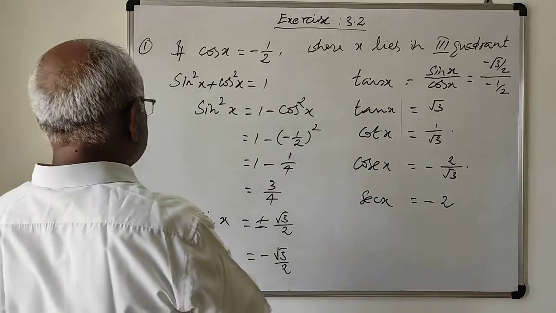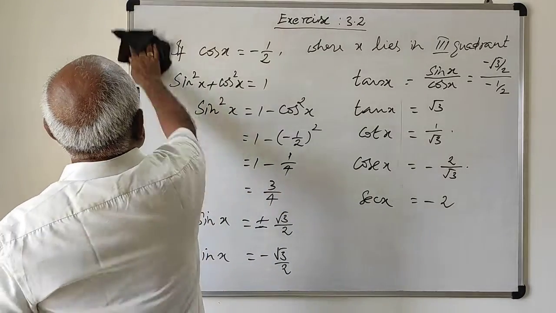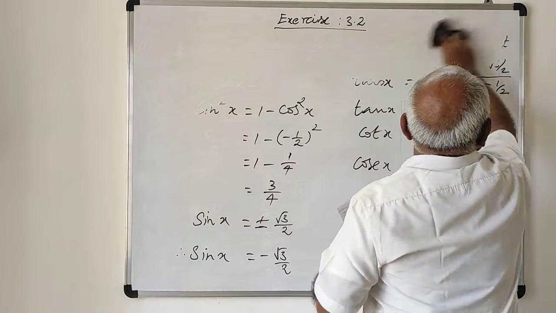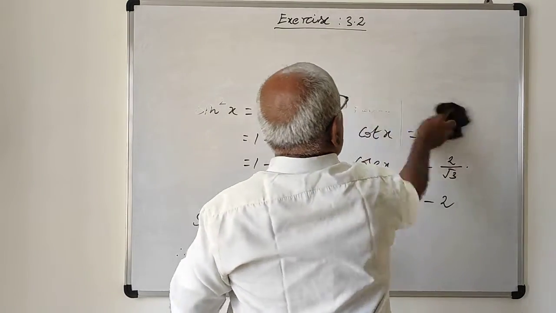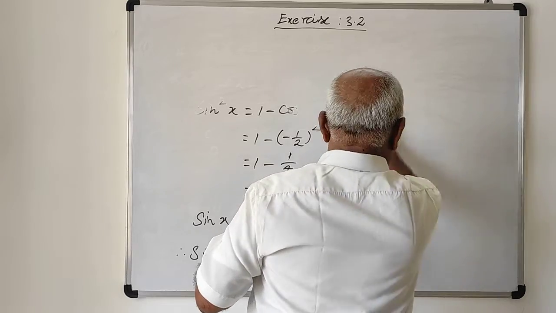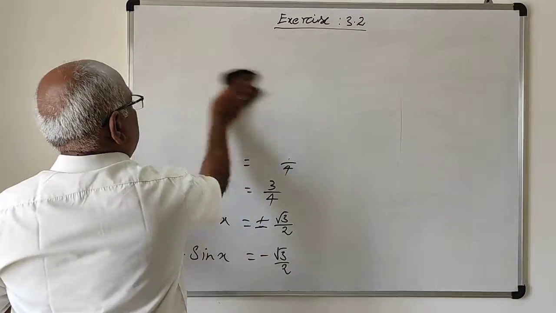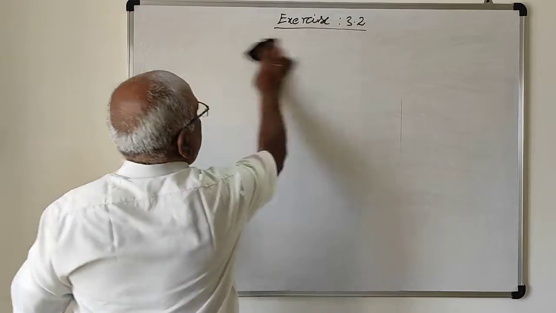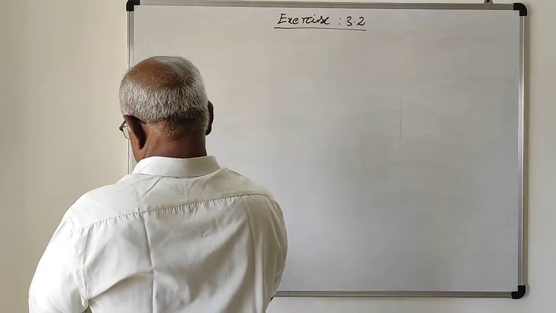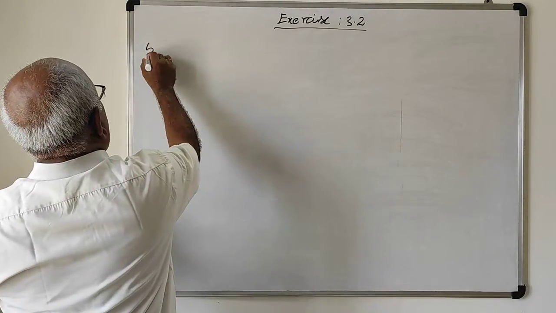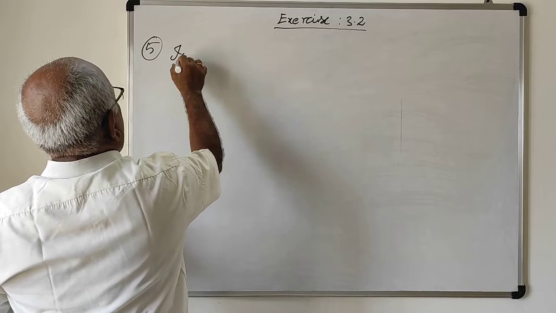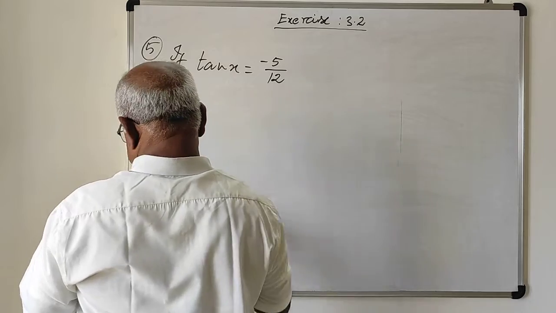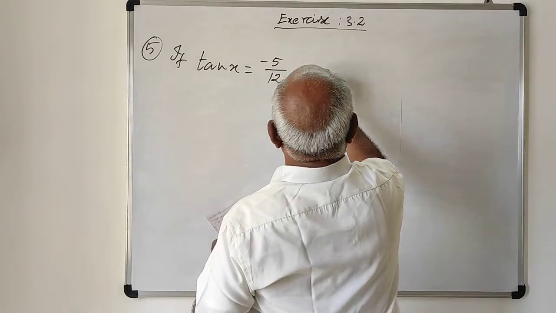One more problem in the exercise. Fifth problem: if tan x equals minus 5 by 12, x is in the second quadrant.